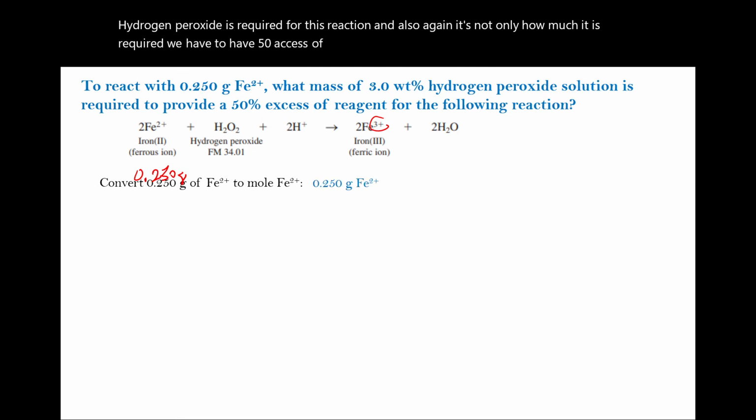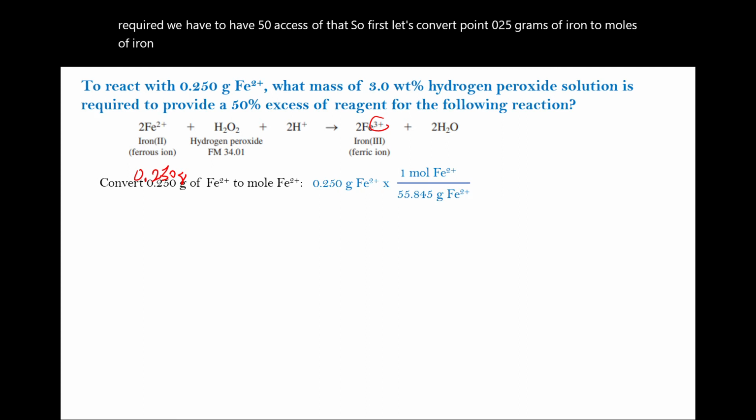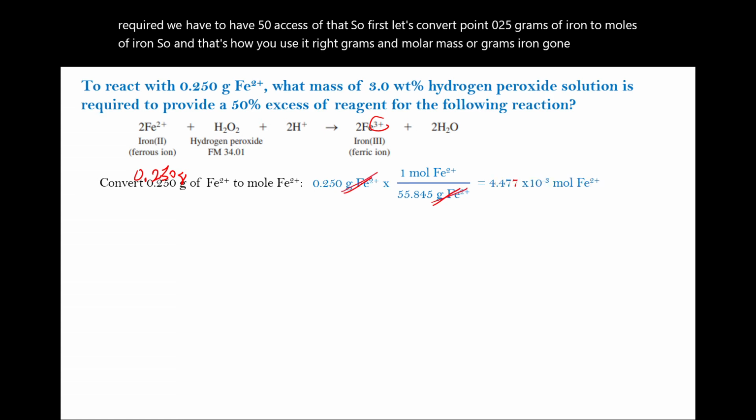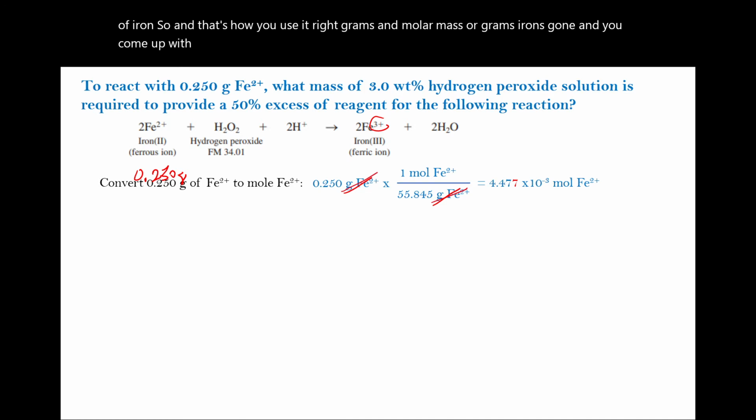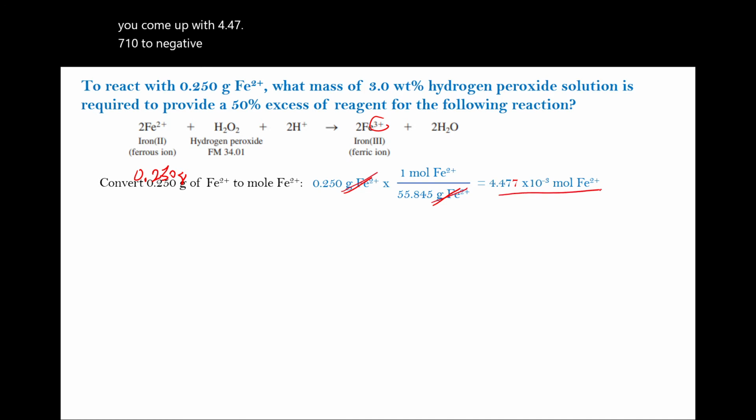So first, let's convert 0.25 grams of iron to moles of iron. You use grams and molar mass, so grams of iron is gone, and you come up with 4.477 × 10^-3 moles of iron.